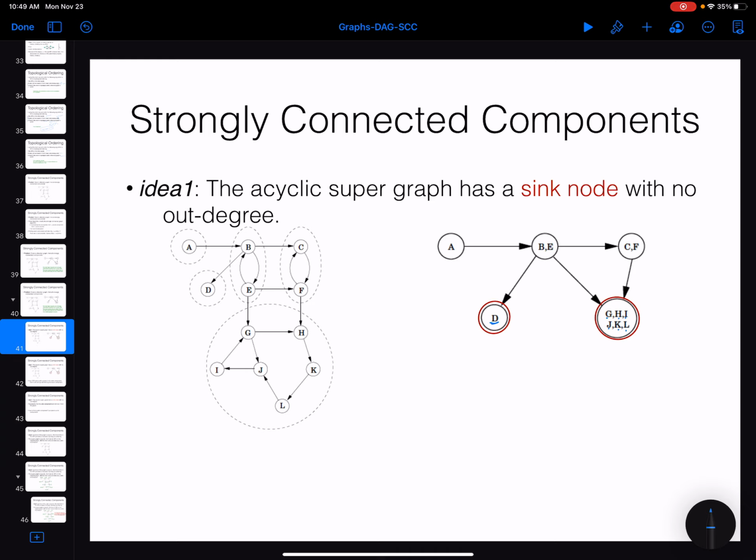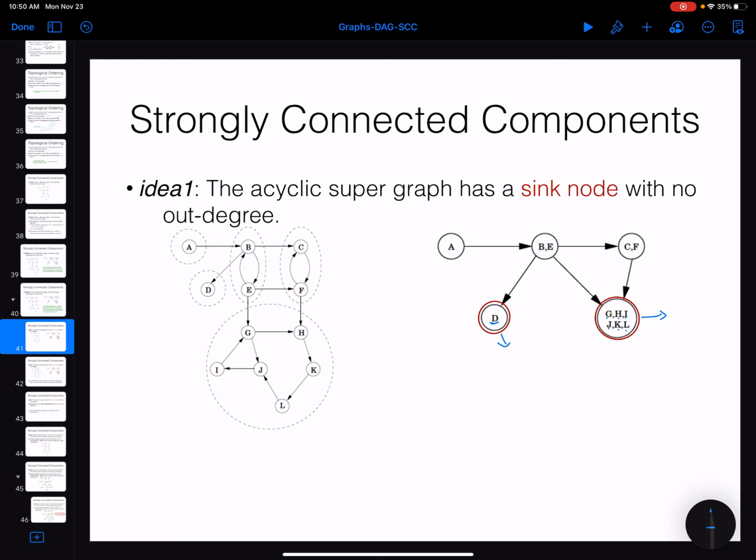The idea is, what is a sink node first? A sink node in an acyclic graph is a node whose out degree is 0. The out degree is 0, it means that you don't have any edge going out of these nodes, right?